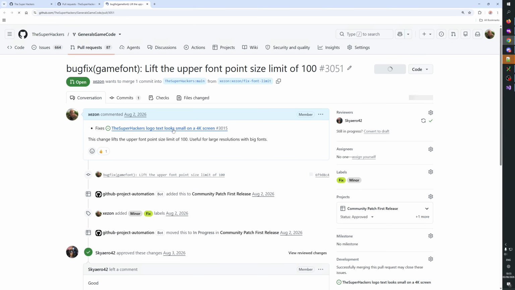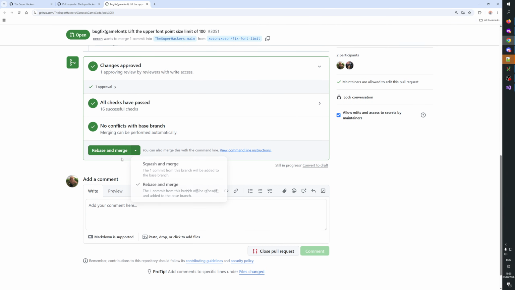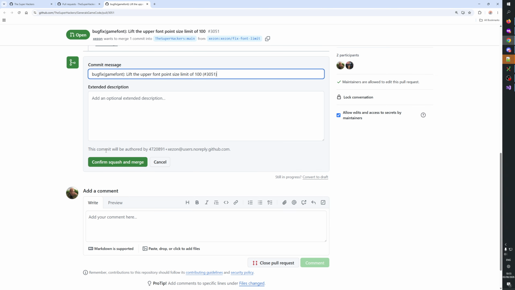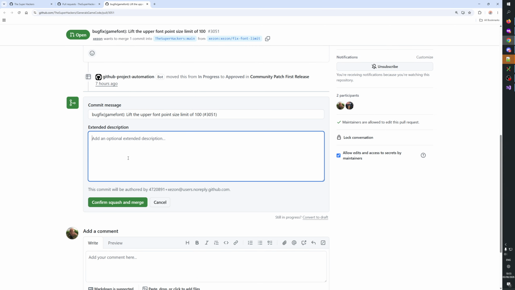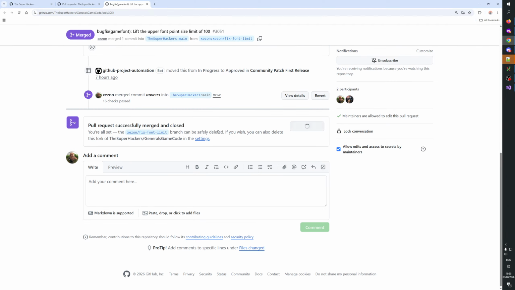This one, I think we can merge, yeah. This one is simple enough. If the upper font point size limit. Done. Good. So that is sorted.